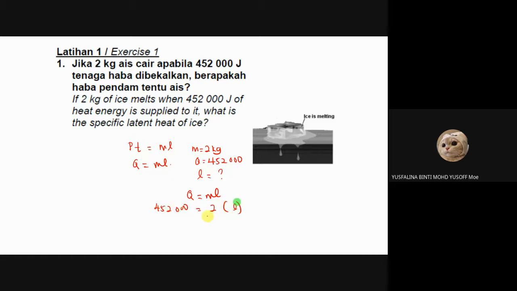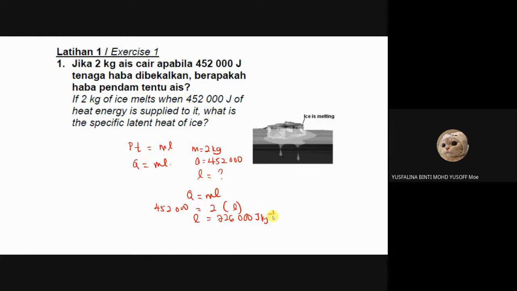What is the value of L here? Can anyone calculate for me? 226,000 J kg negative 1. Alright, very good, Janet.